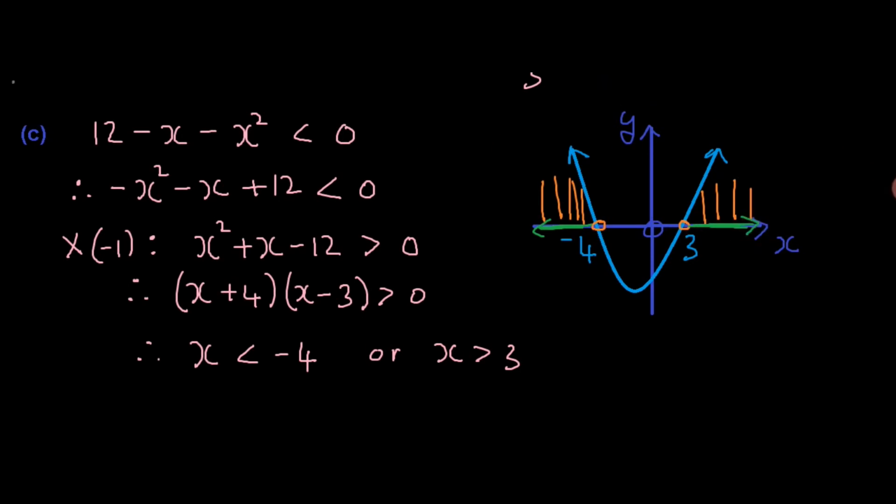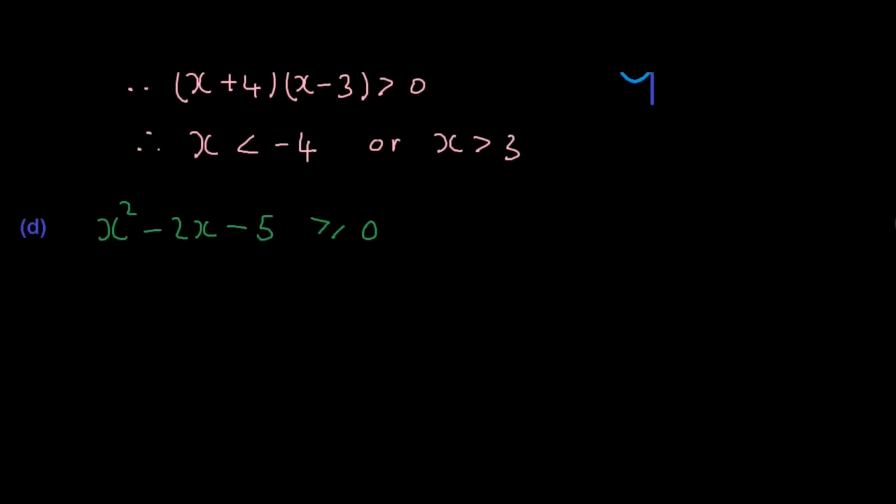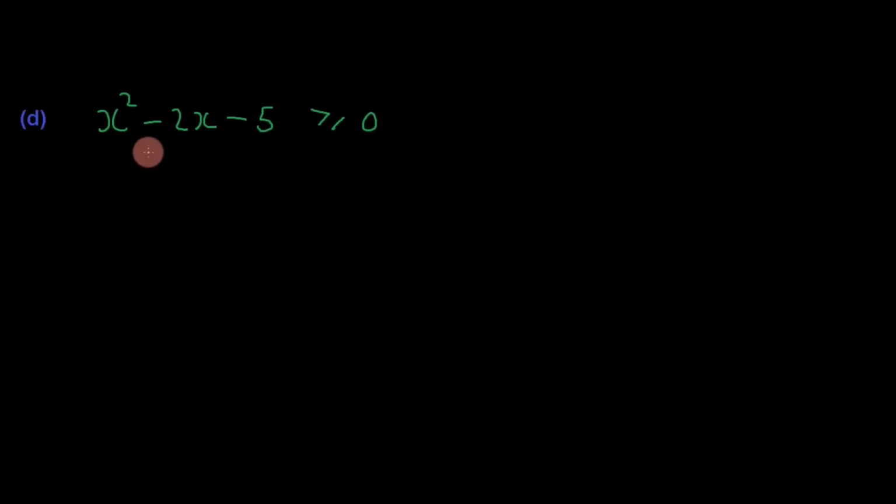Let's look at D. We have x squared minus 2x minus 5 is greater than or equal to 0. The left-hand side is in standard quadratic form, and we have a 0 on the right-hand side. But when we try and factorize the left-hand side, we see that it doesn't factorize.